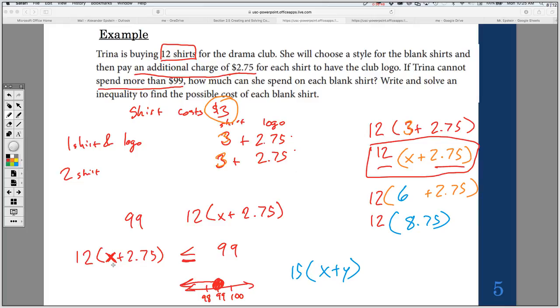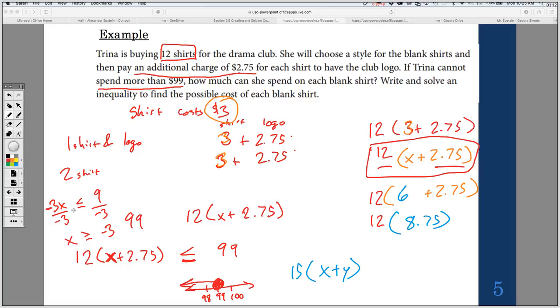But if I divide by negative 3, the answer will be negative 3 here and x here, but this sign right here has to flip. That's the only rule that is different than solving it with an equal sign. So if I divide or multiply by a negative, that's where it changes. Okay? So don't forget that. You won't run into this problem on this one though, but just a heads up.